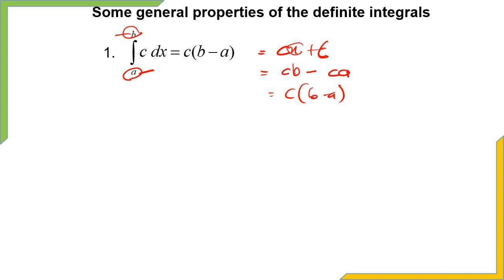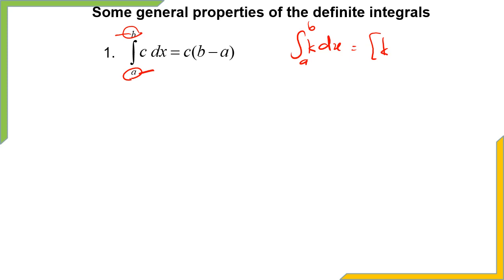So these two c are different c. Let's say I would like to use constant k. So integrate k with respect to x from a to b. It is like integrating k, and we get k multiplied by x, from a to b.